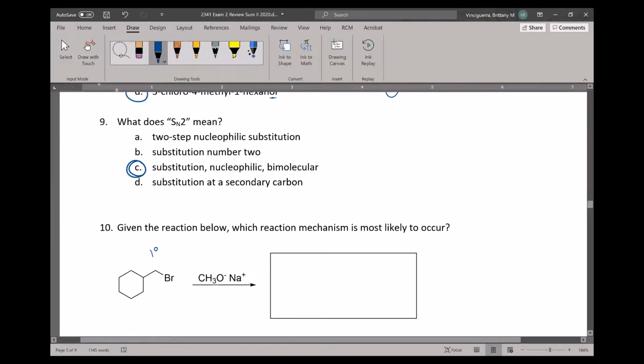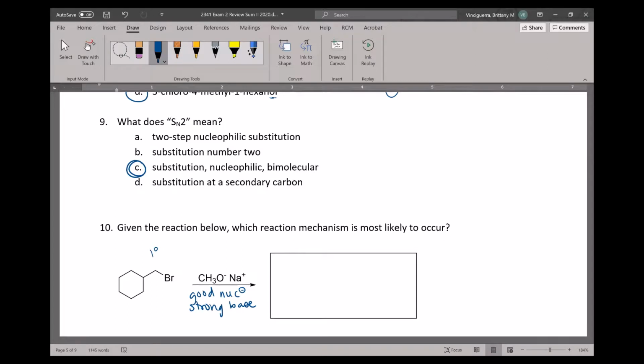Yes. Is it a strong base? No. No, it is a strong base. Okay, so this could do SN2 and possibly E2.